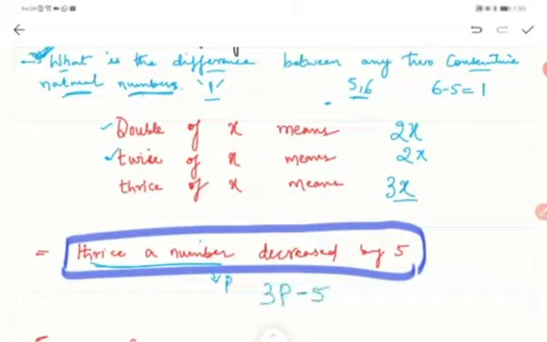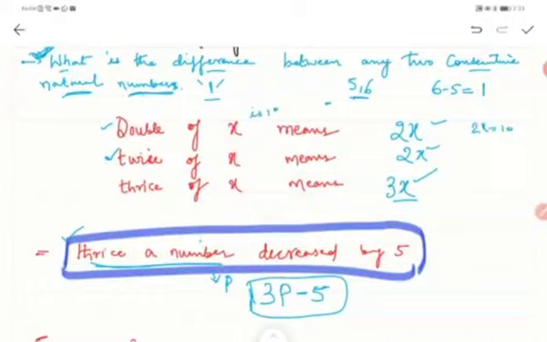Decrease means you are subtracting 5 from it. So this is the expression you will get from this statement. This is thrice a number decreased by 5. These are all called expressions. So if you have an equal to sign, if it is given double of x is 10, then I'll take it as 2x is equal to 10.